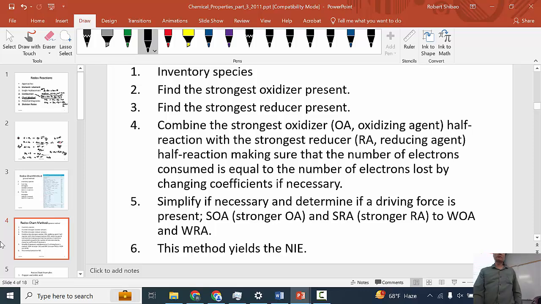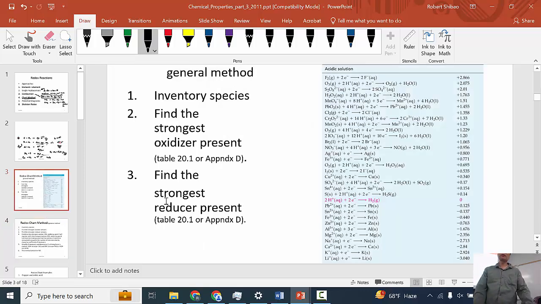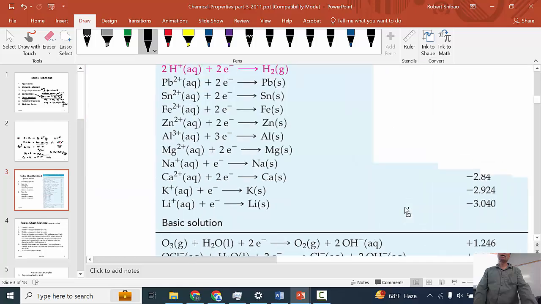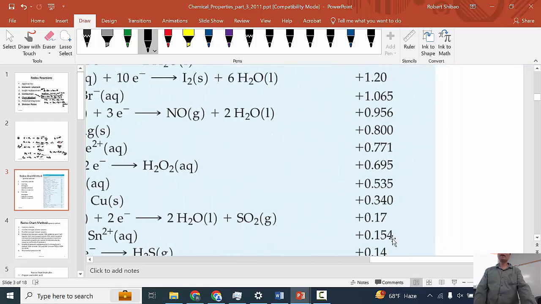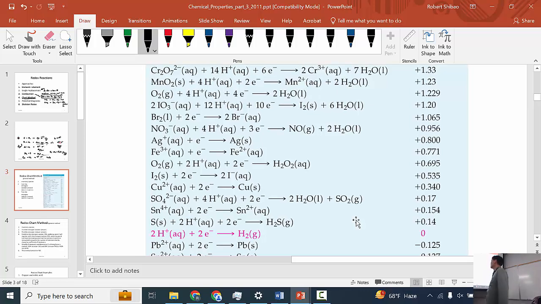Not everything can be an oxidizer, so we don't take an oxidizer plus an oxidizer. We take an oxidizer plus a reducer. So when we use a reducer, the reducers occur on the right side of the chart, but we need to make it a reactant. And so in order to make a reducer a reactant like iodide, if iodide is a reactant, we have to flip this equation. So it goes iodide forms iodine plus 2 electrons.